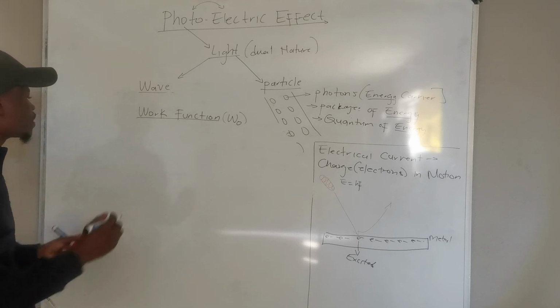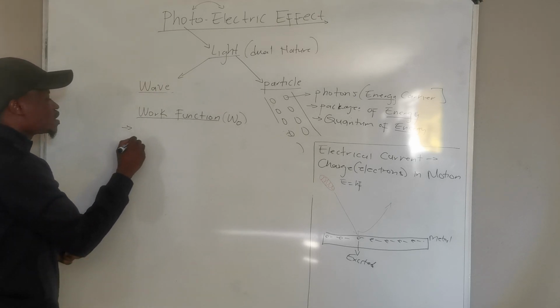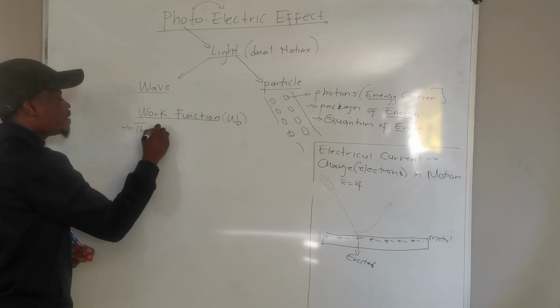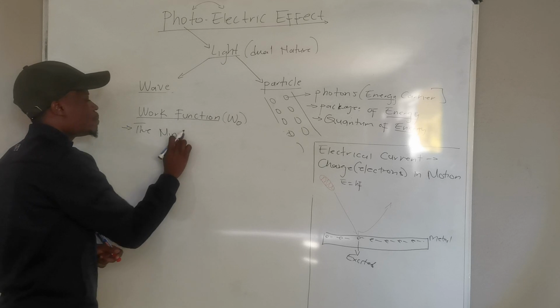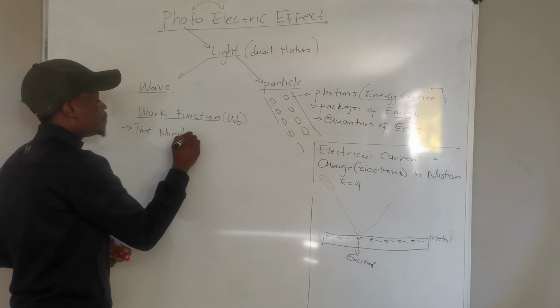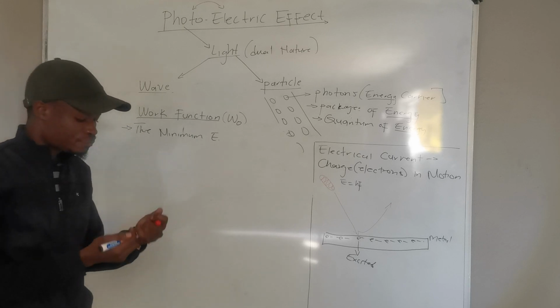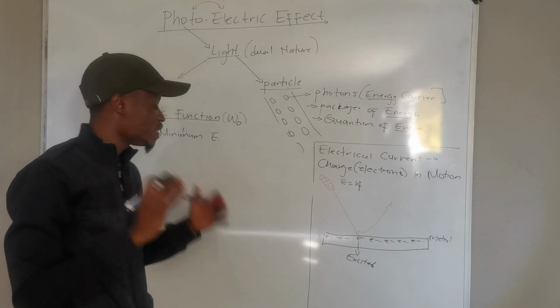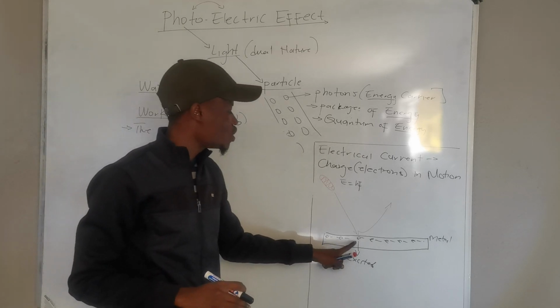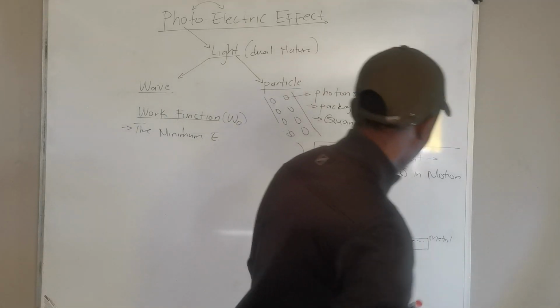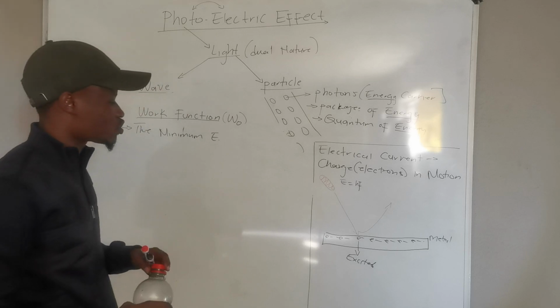Okay, what did we say, guys? The work function should be the minimum energy required or needed in order to eject an electron from the metal.